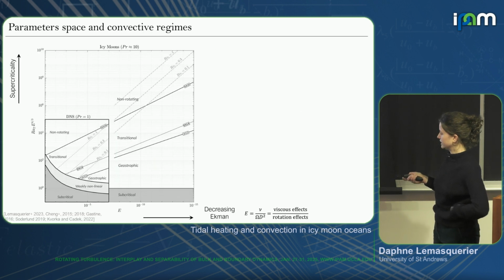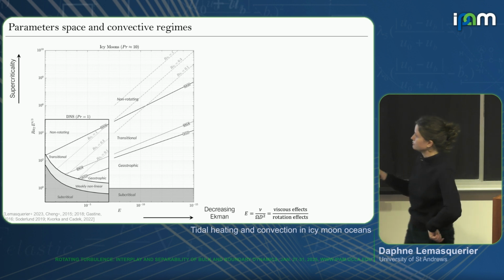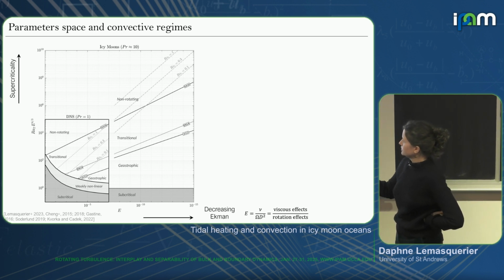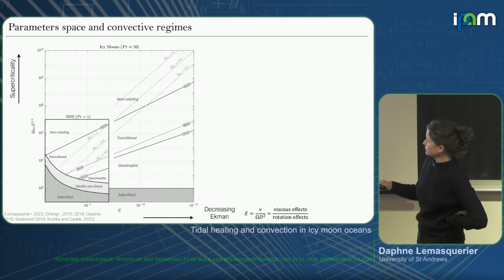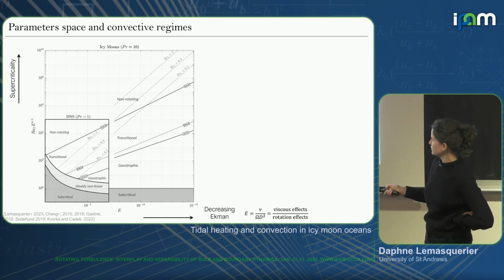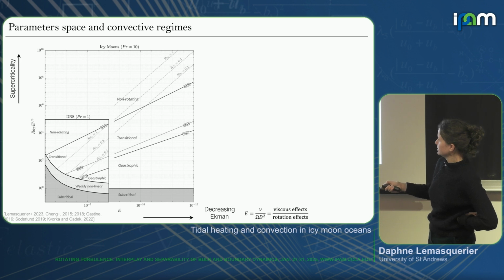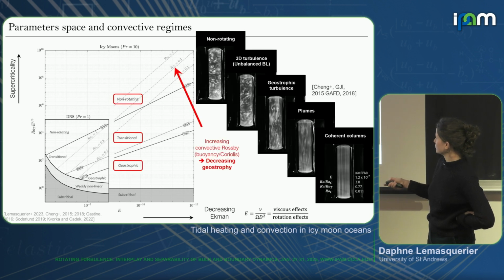And as Krista mentioned yesterday, if you look at the regime diagram, here showing what Mike called the reduced Rayleigh as a function of the Ekman, with the different lines representing different scaling laws that allow us to separate different regimes of rotating convection, going from rapidly rotating convection to non-rotating convection.